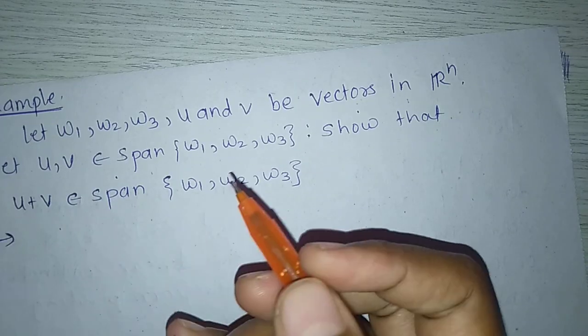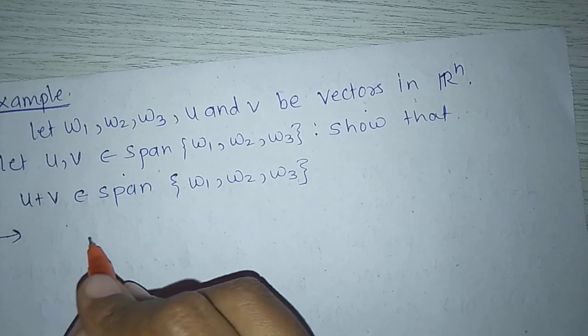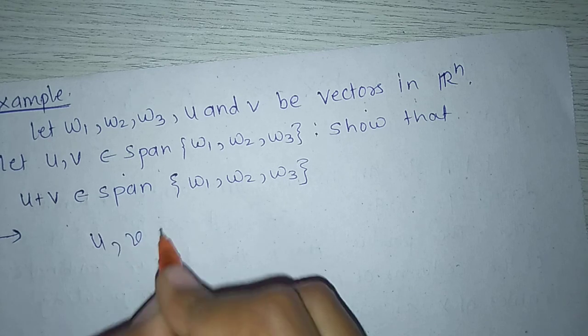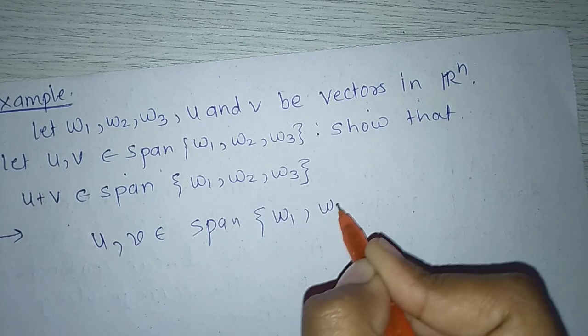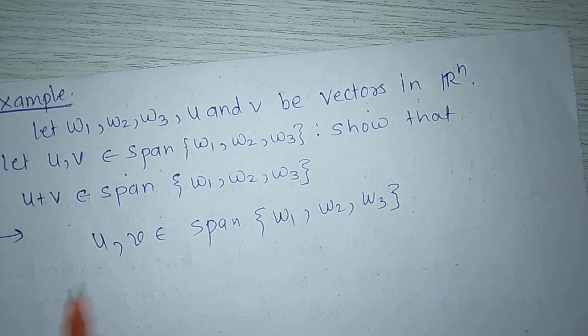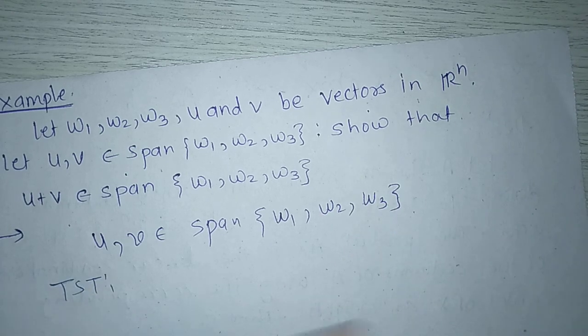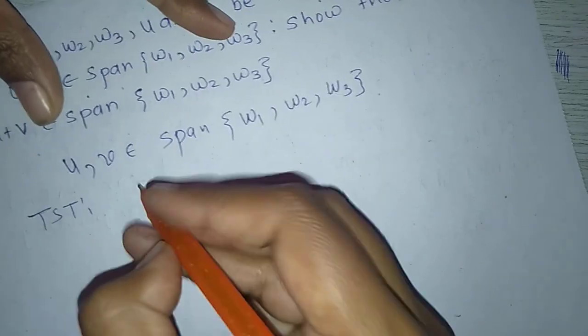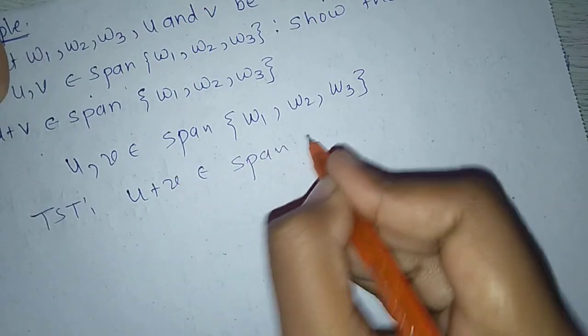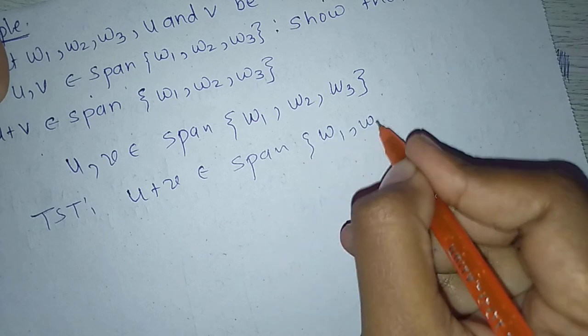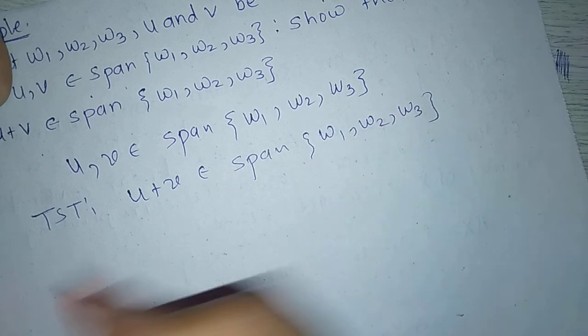By the definition of span, U and V belong to the span of W1, W2, W3. To show that U plus V belongs to the span of W1, W2, W3.